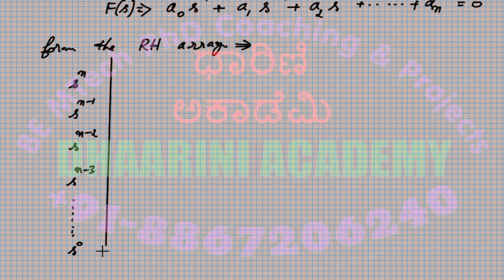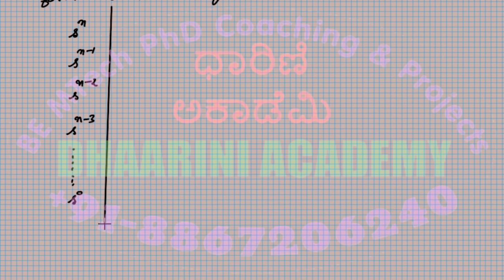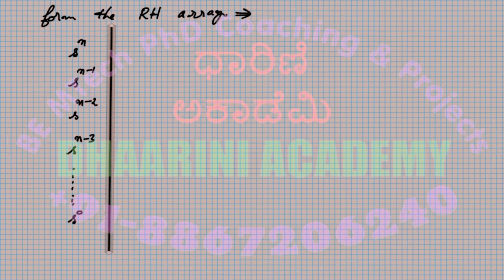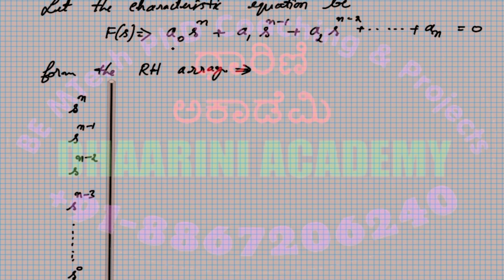Okay, so I'll just separate them. Next to that, I'm going to write like this. You start with the coefficients of the highest power, that is a0.